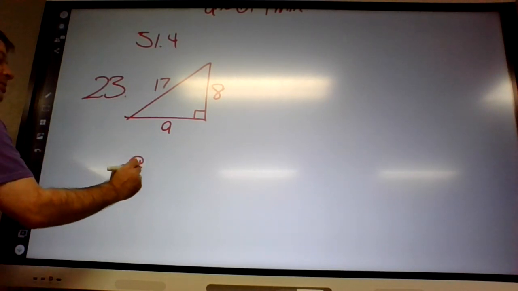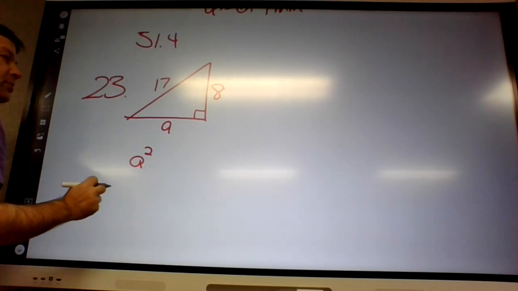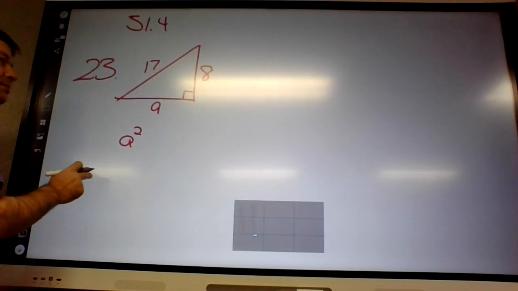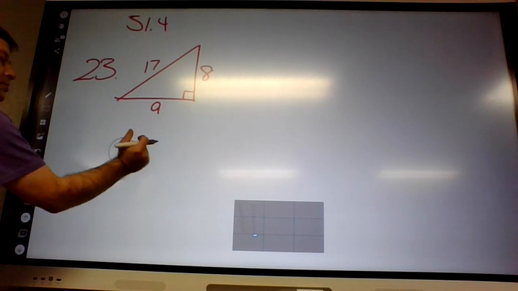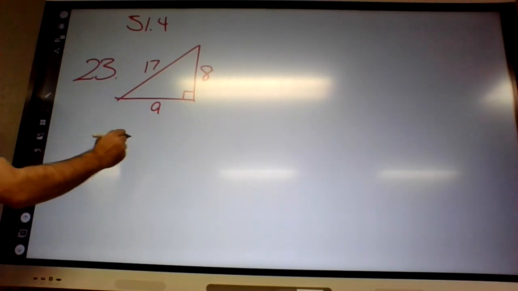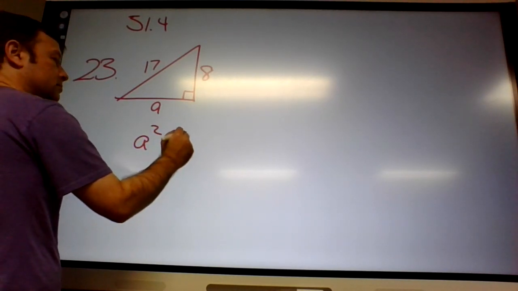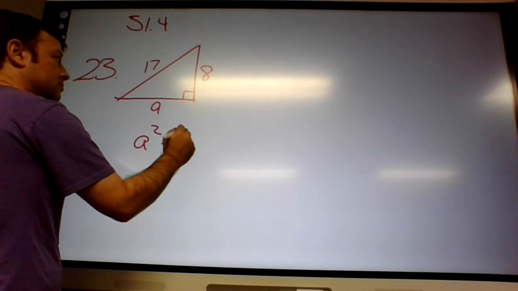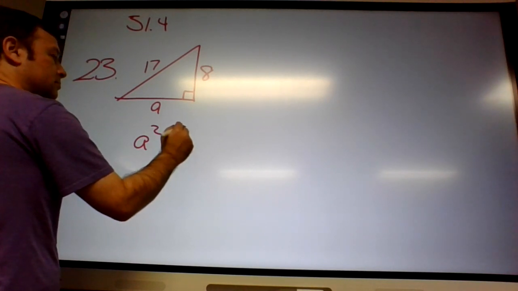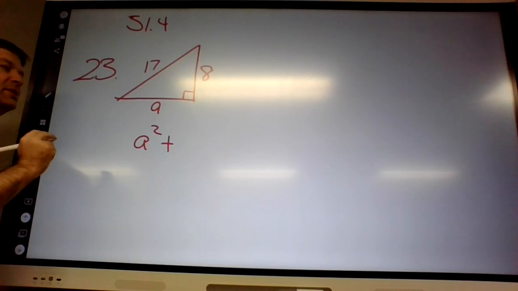A squared, C squared? Oh, a squared plus b squared equals c squared. Okay, so what should I write? Hold on. So, a squared plus 8 squared equals 17 squared. Which side is the hypotenuse?